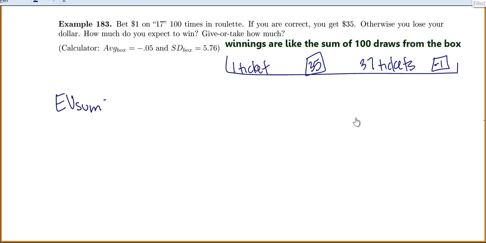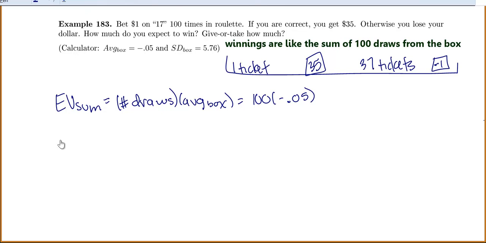Let's find the expected value of the sum. It's equal to the number of draws times the average of the box. So we did 100 draws, so 100 times the average of the box, which is negative 0.05, which is negative 5.